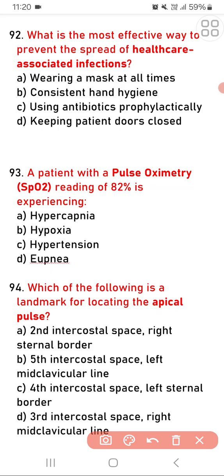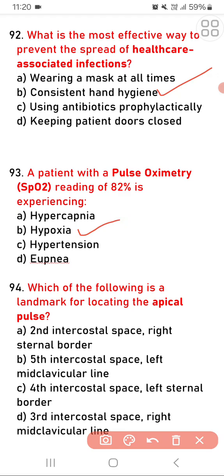What is the most effective way to prevent the spread of healthcare associated infections? Consistent hand hygiene. A patient with a pulse oximetry SpO2 reading of 82% is experiencing hypoxia.